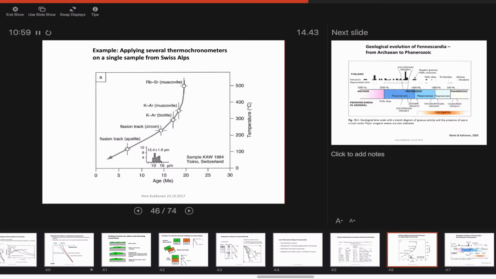But for the shield areas, like here in Finland, these methods are commonly not used because most of the geological interest in Precambrian areas is related to the original formation of the rocks, the crystallization of the granites, of the gneisses, of the intrusions of the dikes.